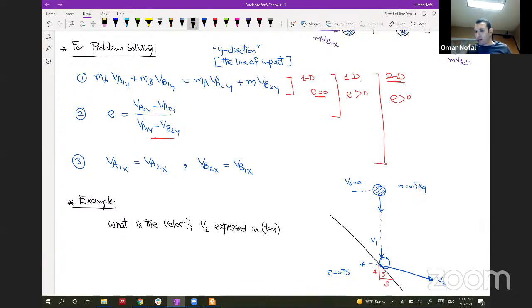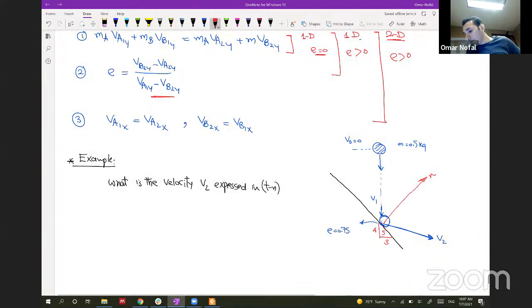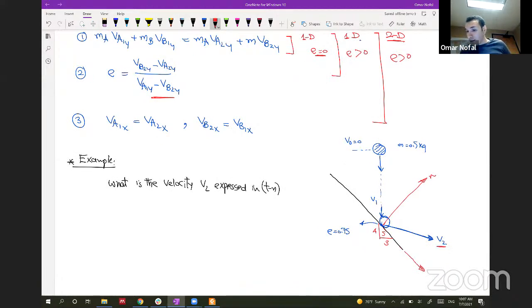So if we are talking about tangent normal, the normal direction will be perpendicular to the surface, like this. So this is N, and the tangent will be something like that going down. So we need this V in the tangent and normal direction.